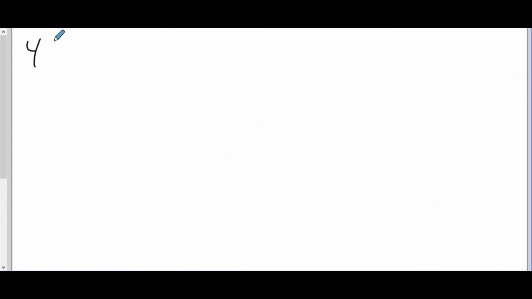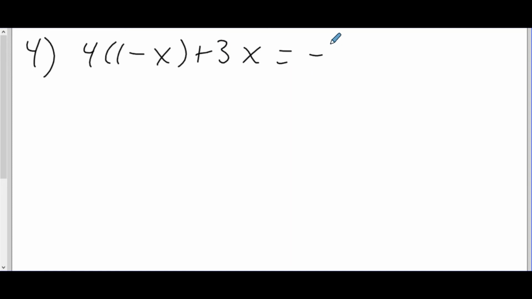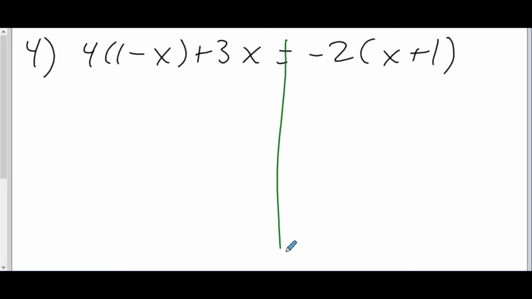Number 4 is 4 times 1 minus x plus 3x equals a negative 2, x plus 1. All right, go ahead and distribute. I've got 2 things to distribute here. I get 4 minus 4x.